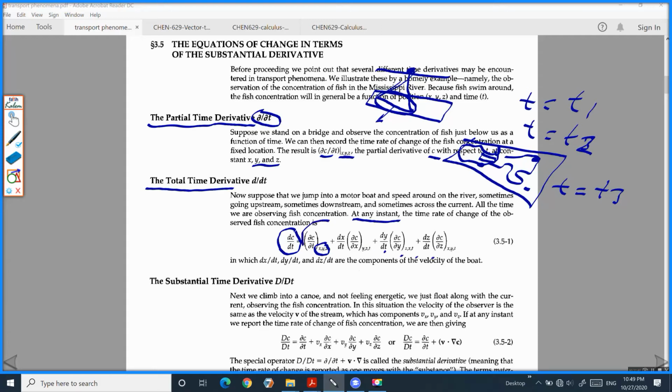The right side gives the instantaneous time rate of change of your observed concentration of fish inside your river. Here dx over dt, dy over dt, dz over dt are the components of the velocity of the boat. It comes from the velocity, because your boat is moving at some velocity.